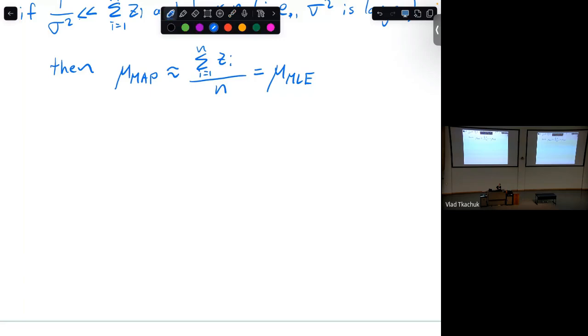Now what's left is just to map this to the machine learning setting where we estimate the conditional PDF of y given x and see what we get, and then we'll be done.